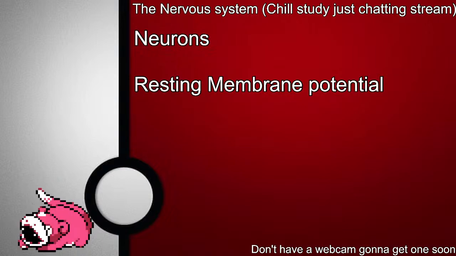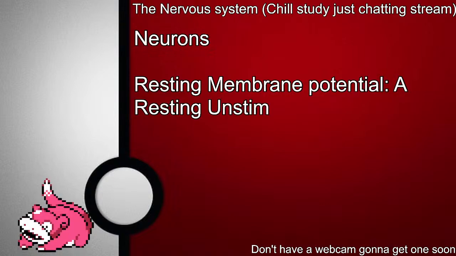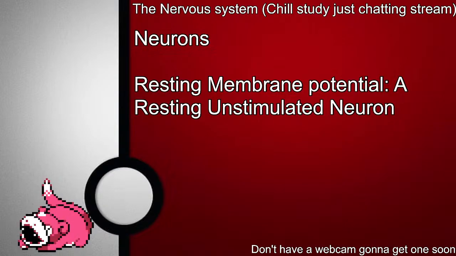Oh, that's an easy way to remember it. An unstimulated neuron, a resting unstimulated neuron. Okay. Stimulated neuron. Just a chill guy. Oh, and I need to also label this resting, RMP.